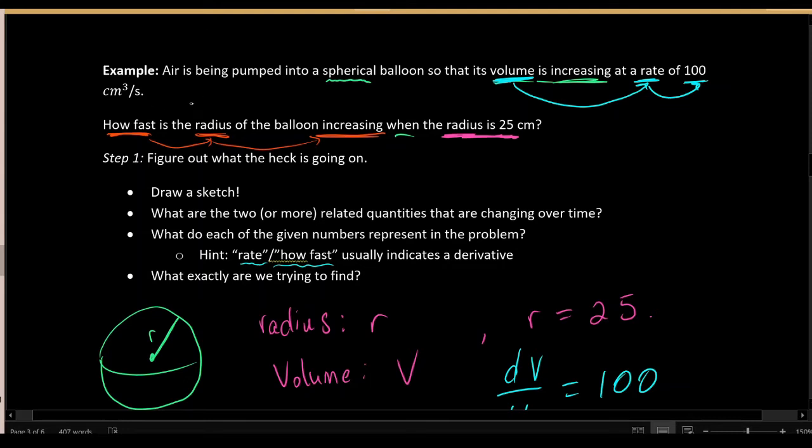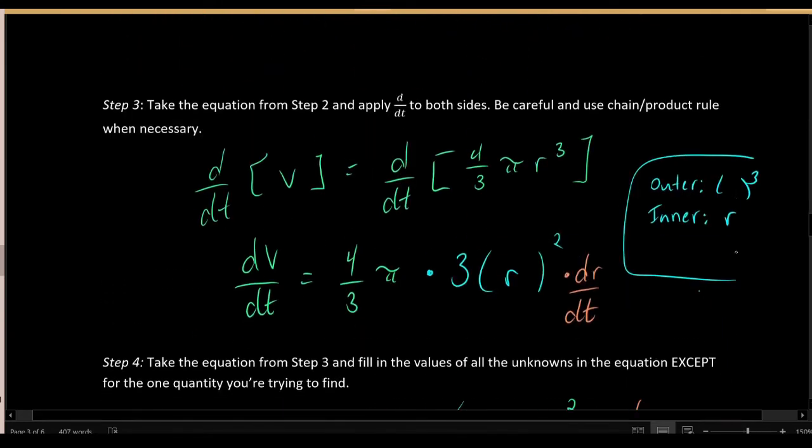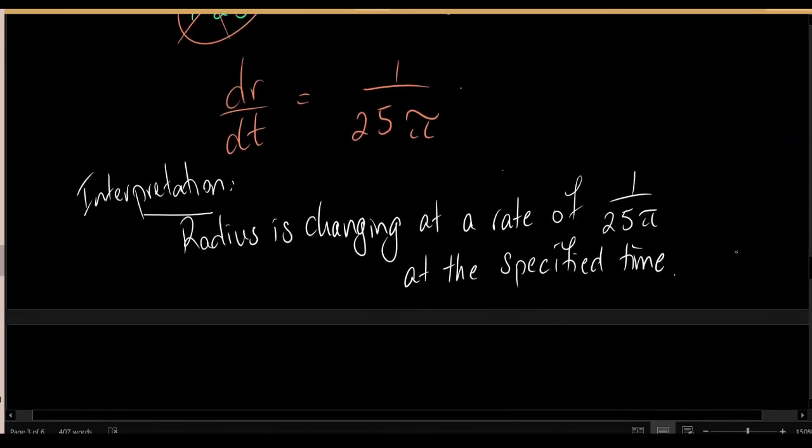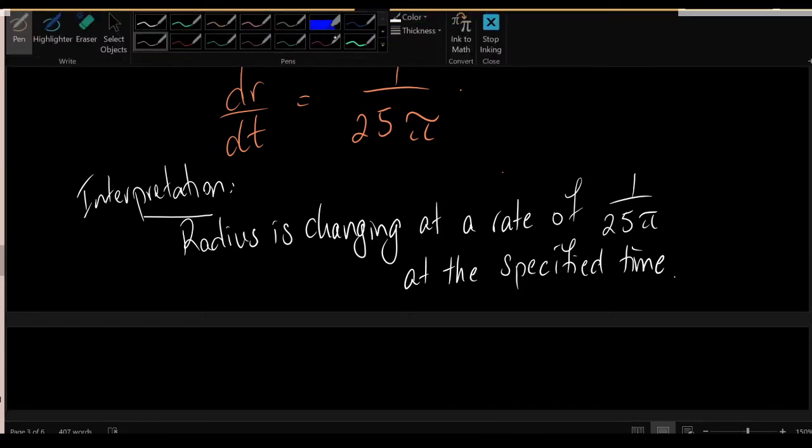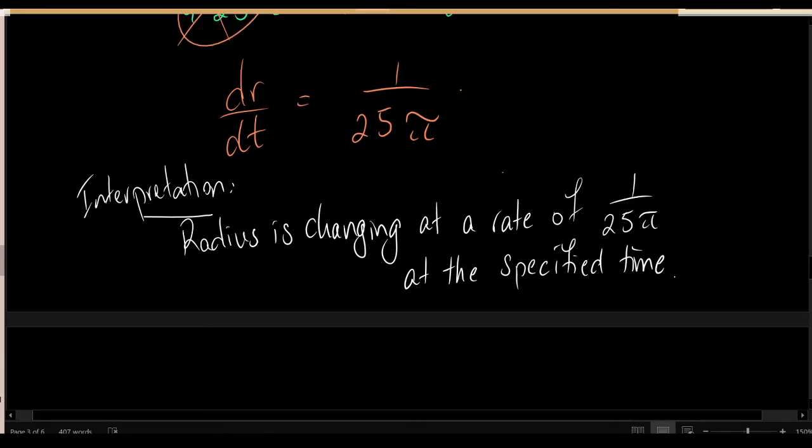So the implication is that time is being measured in seconds and radius in centimeters. So you can use that information to make your final answer even more concrete: radius is changing at a rate of 1/25 pi centimeters per second at the specified time.